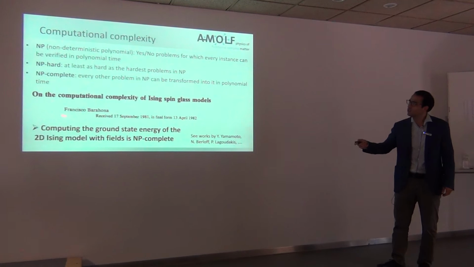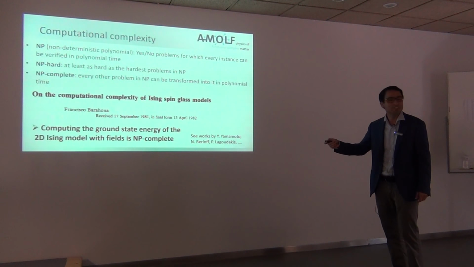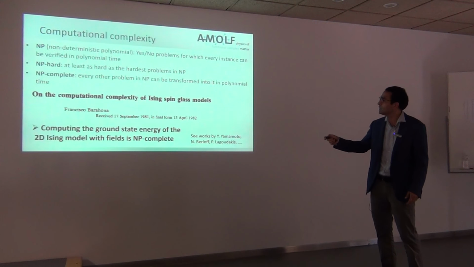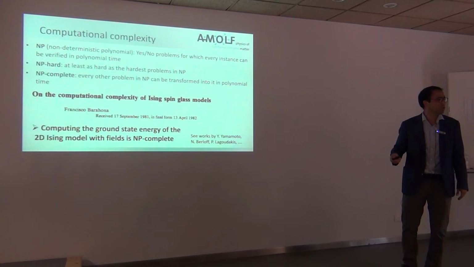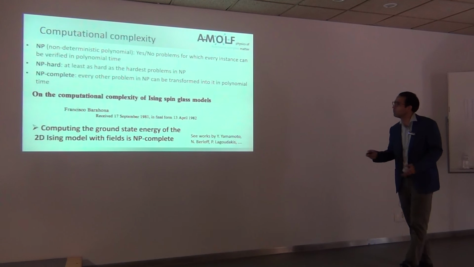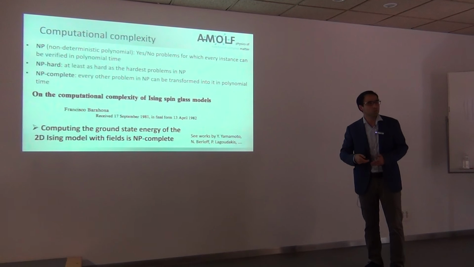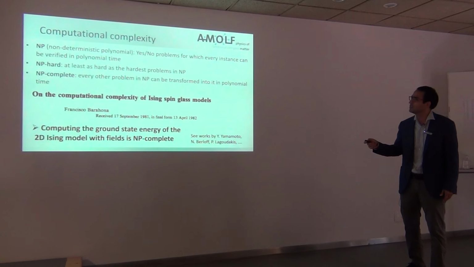And it was a classic result from the 80s, by a paper which is extremely important in the theory of computational complexity, that the 2D Ising model with fields is NP-complete. So if you're able to solve this problem, you can find the solution to any other NP problem with a polynomial time reduction.